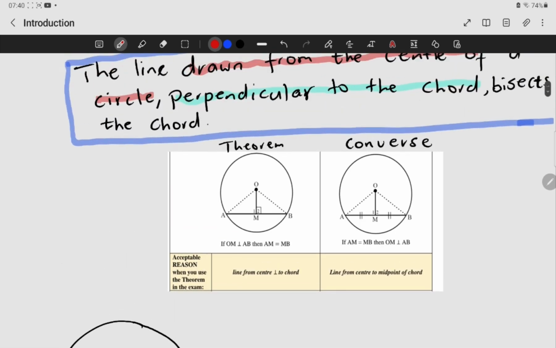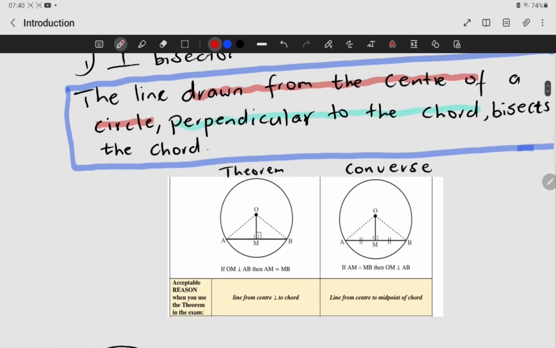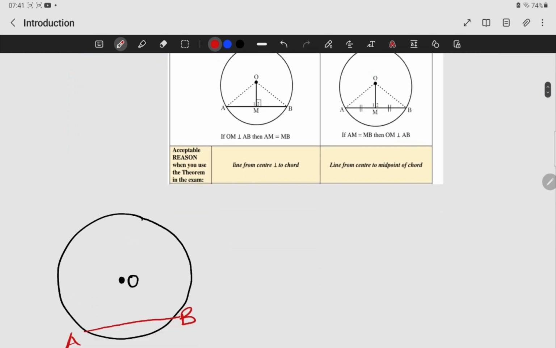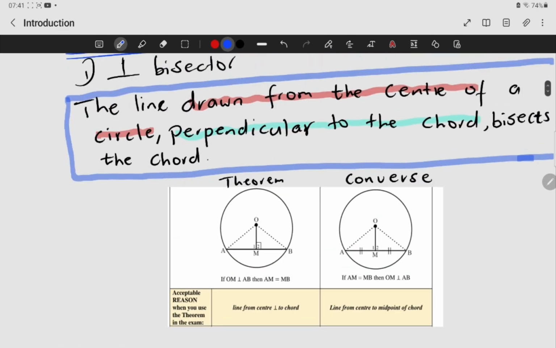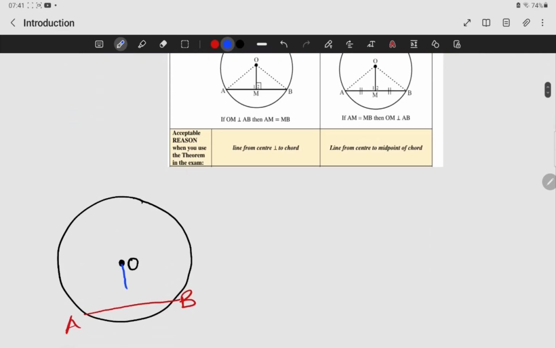Now let's draw a line from the center O, and that line is perpendicular to the chord. This is condition 2. So we've got now 2 conditions.